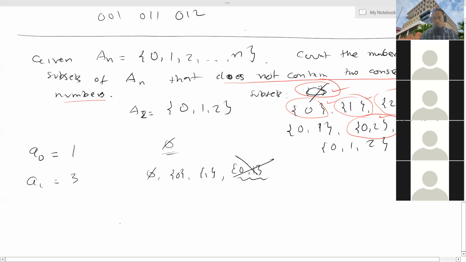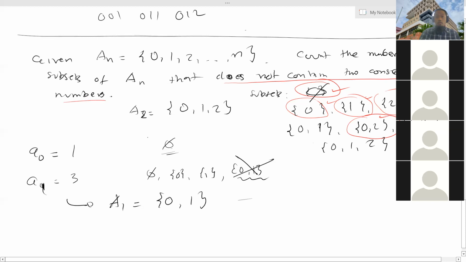I think the A0 one is 2 because it's the empty subset and {0}. If you want to look at A1, then look at A1 here. Yes, A0 is {0}, so the empty set and the subset {0}.